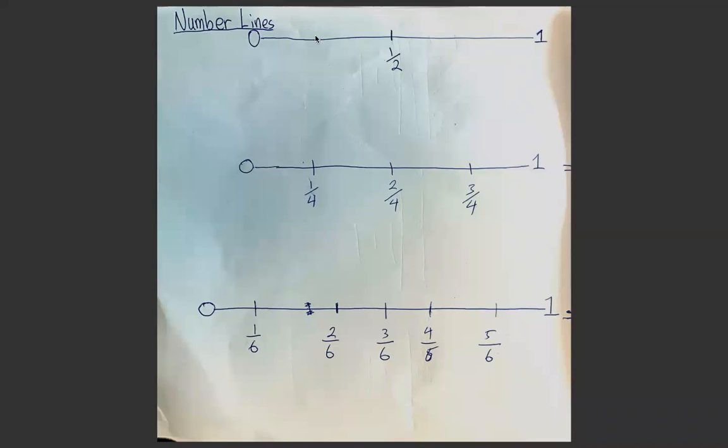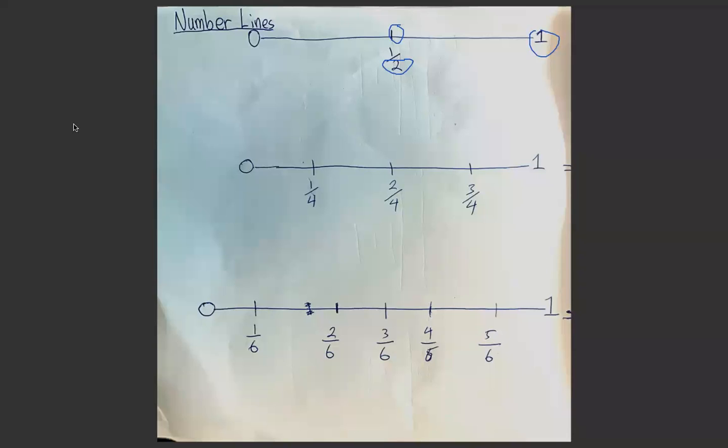That makes our denominator. How many lines do we see from 0 to 1?